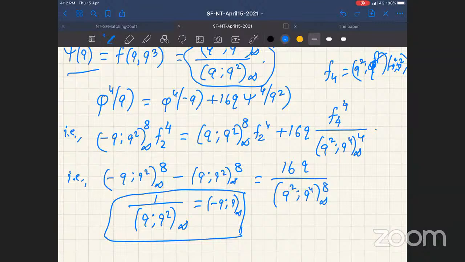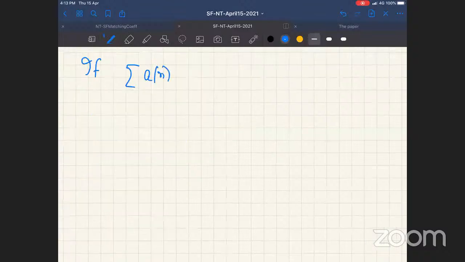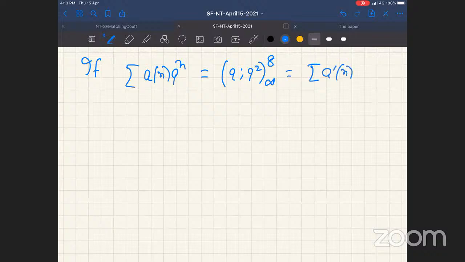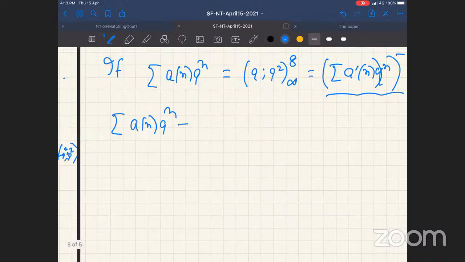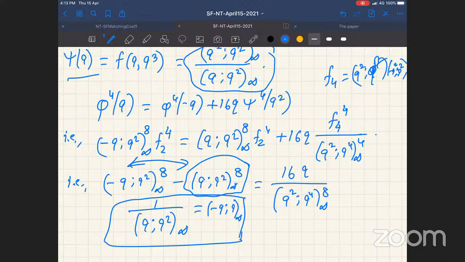All right. So therefore you see that if I take this as the q-product, then if I denote a(n) qⁿ as the coefficients of this (q²; q²)∞ to the 8, and the inverse of that, the inverse of the q-product, has this power series, then we have, by the previous identity, (q²; q²)∞ power 8 and (−q²; q²)∞ power 8, and there is a minus sign on the right hand side also.